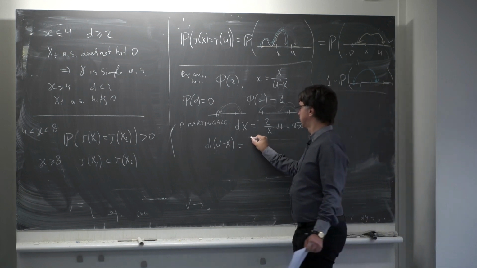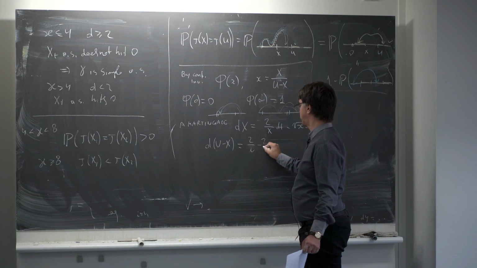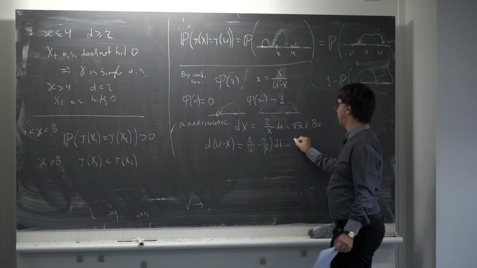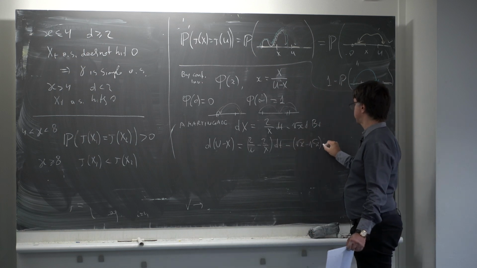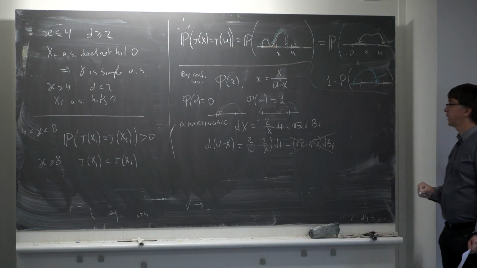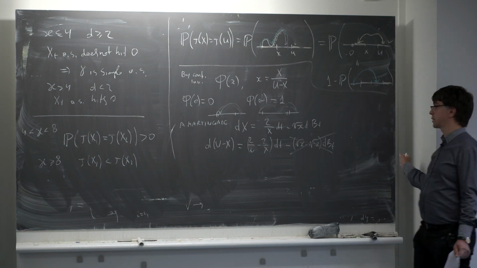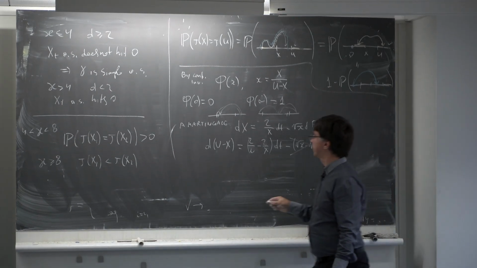So it's 2 over u minus 2 over x dt, minus square root of kappa Bt minus the same term, so this term cancels out. That's why I wrote the ratio x to u minus x rather than x over u, because otherwise the equation would be slightly more complicated.